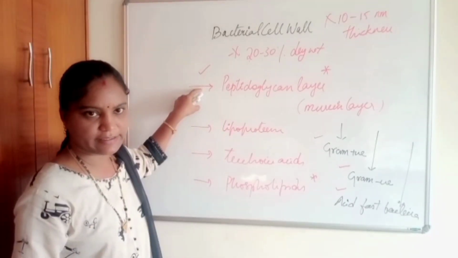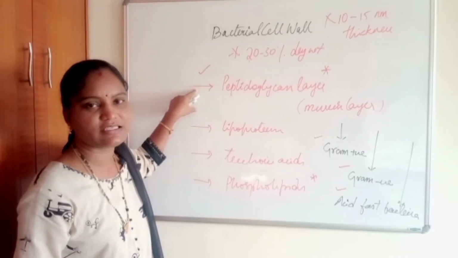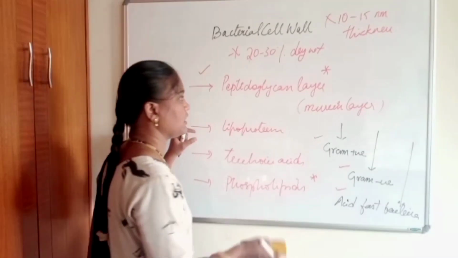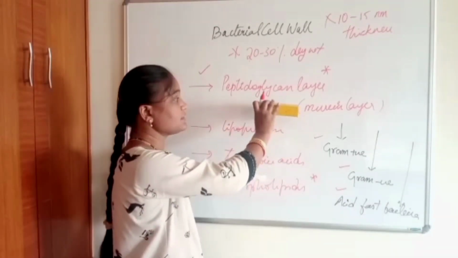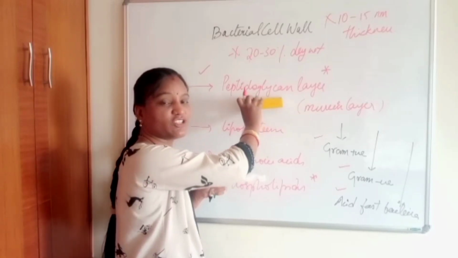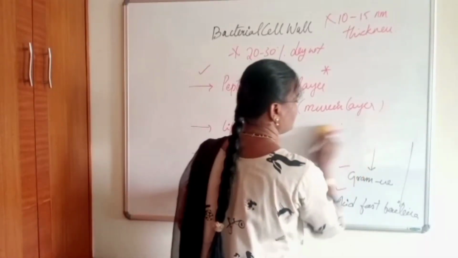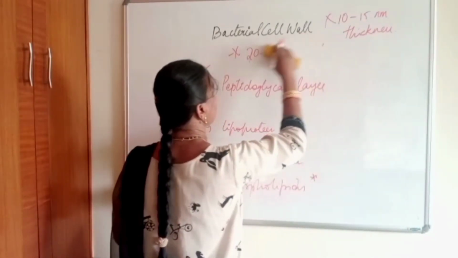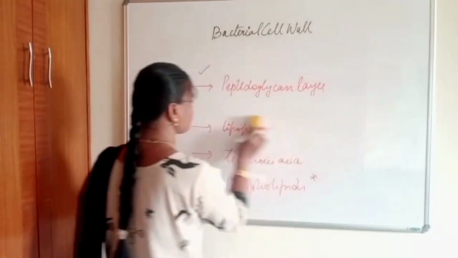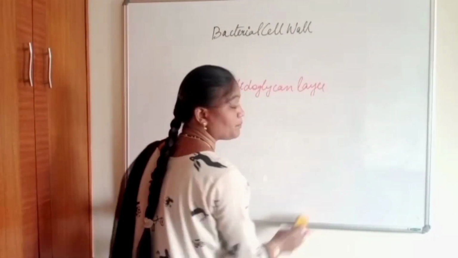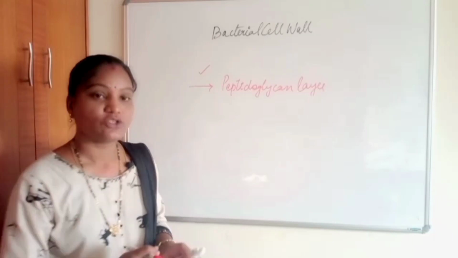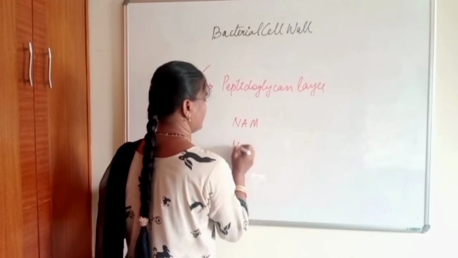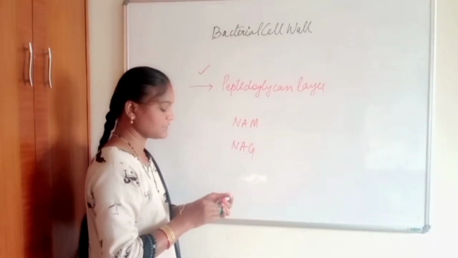What is this peptidoglycan layer and what is the framework of the peptidoglycan layer made of? As we have already discussed, this is a very important component which makes up your bacterial cell wall. This peptidoglycan layer, or murein layer, is composed of two main units, NAM and NAG.